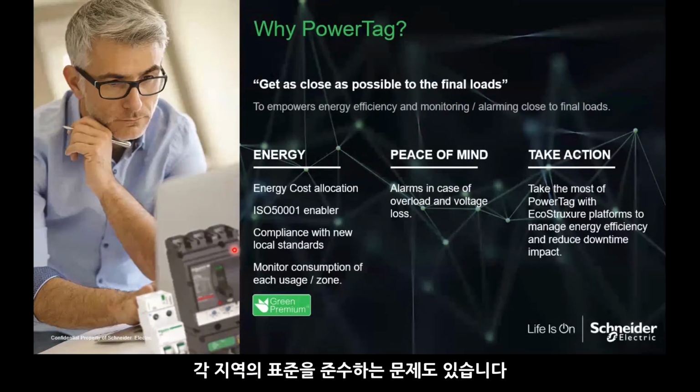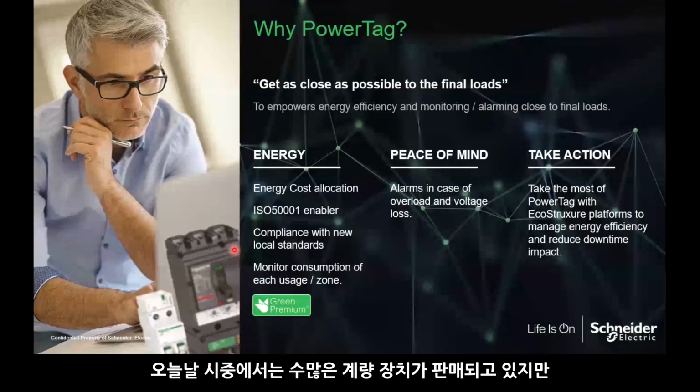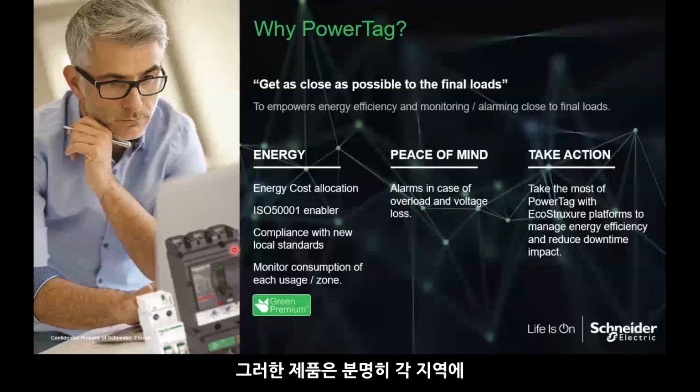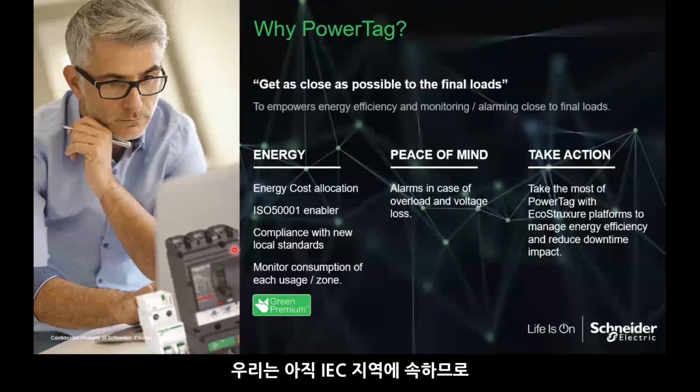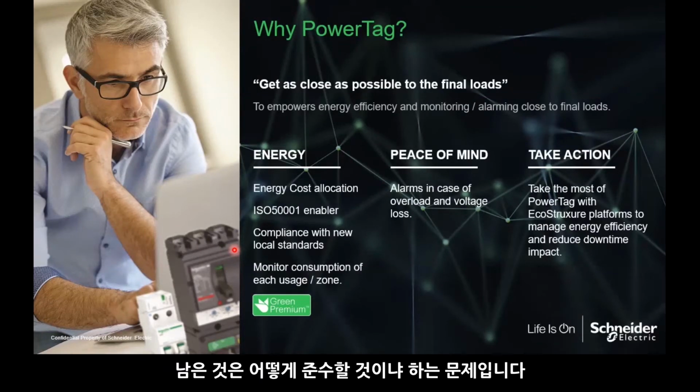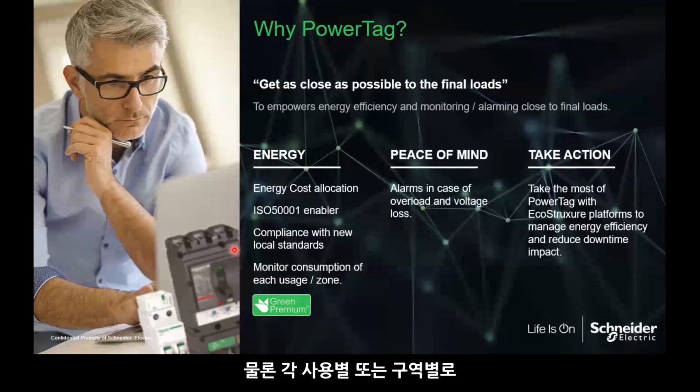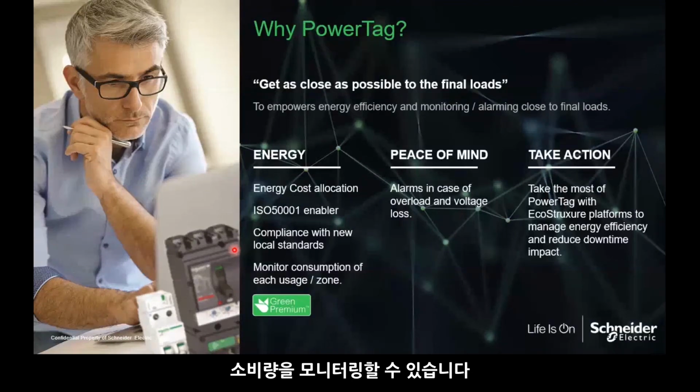It also has compliance with a new local standard. There's a lot of metering today in the market, but definitely there are meters related to local standard, and when they say local, it still falls under the IEC. So the only thing is compliance. Then of course we can monitor the consumption by each usage or by zone.